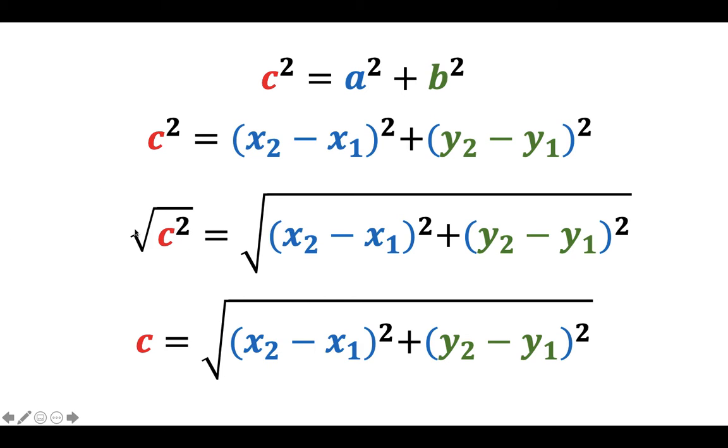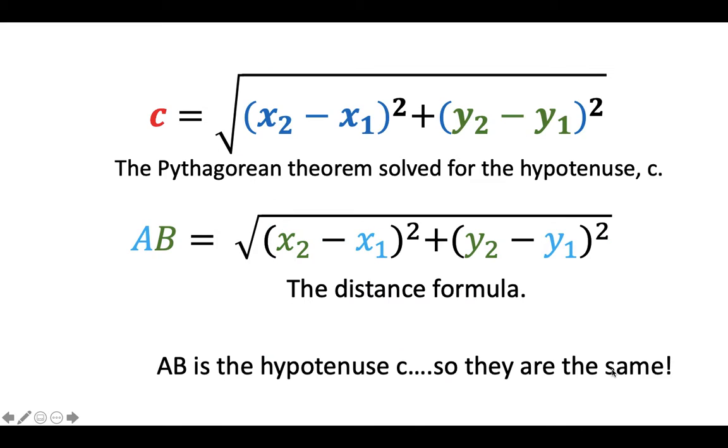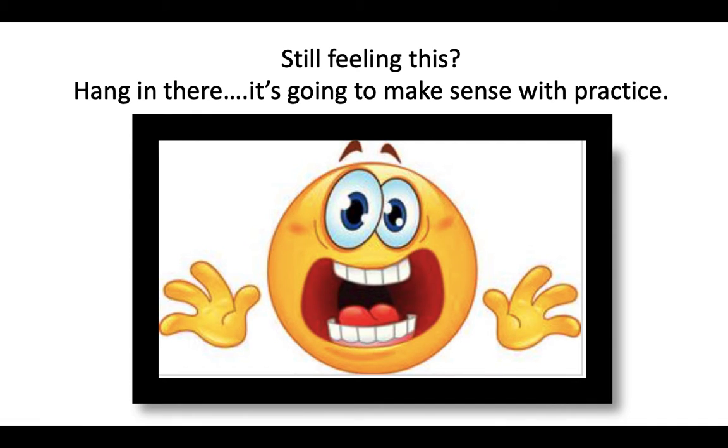So we've got our c squared, we square root it, both the square root and the square goes away, and we're just left with the distance. What we do to one side, we must do to the other, right? So we're square rooting both sides, so this is what square rooting both sides looks like. And this is how we get the distance formula. So the distance formula is really just the Pythagorean theorem. It just looks a little different.